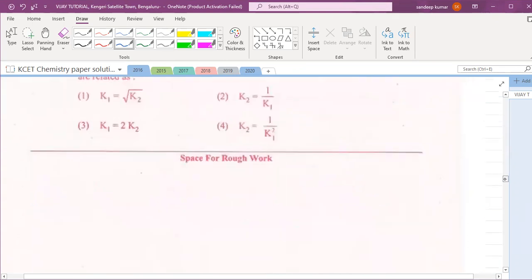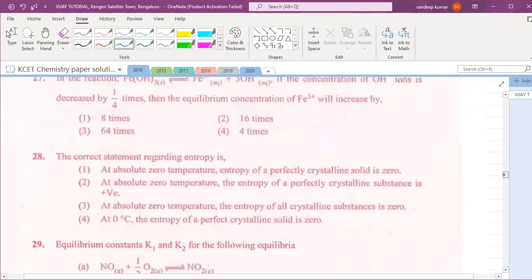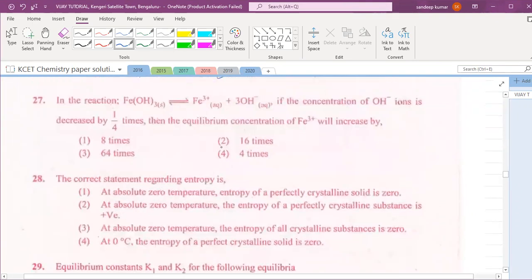Next, question 27. In the reaction Fe(OH)3 gives Fe3+ and 3OH minus, the concentration of OH minus ion is decreased by 1/4. Then the equilibrium constant will be, as we know, K equal to the concentration of Fe3+ and OH minus ion to the power 3, independent of the concentration of the solid.